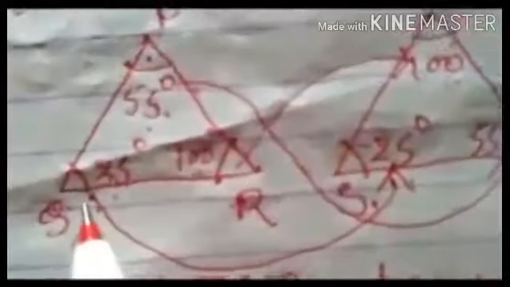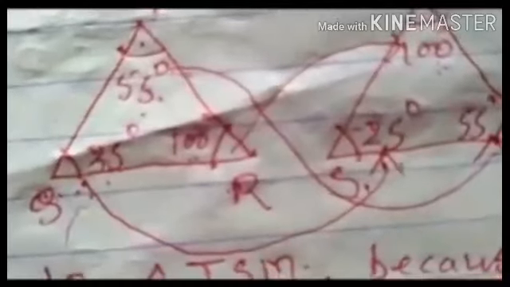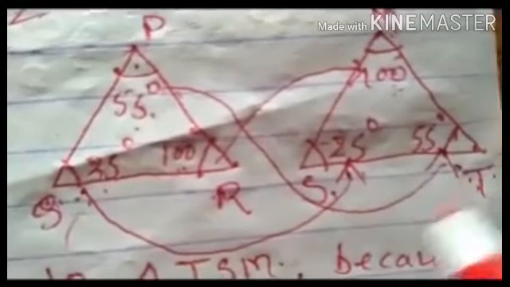From this condition, angle Q must be equal to angle T, which is not so. Angle Q is 25 degree and angle T is 55 degree, which do not correspond. It is clear from this one angle alone that these two triangles are not similar. So no, triangle QPR is not similar to triangle TSM.